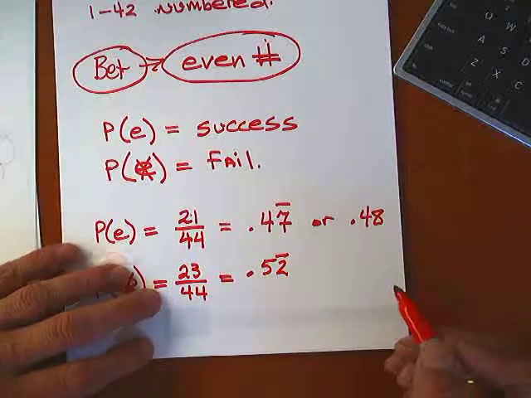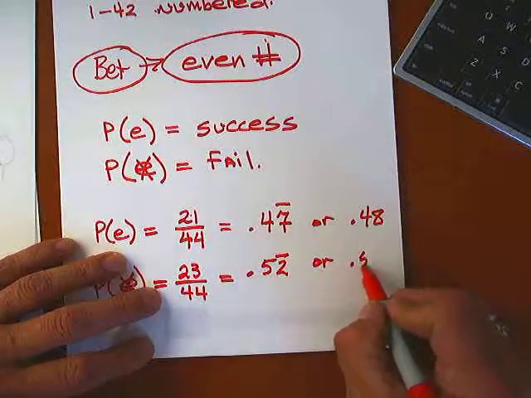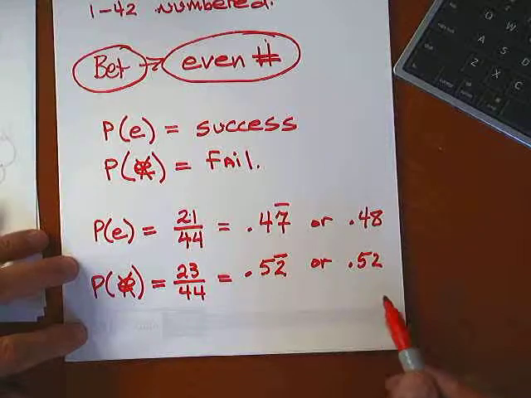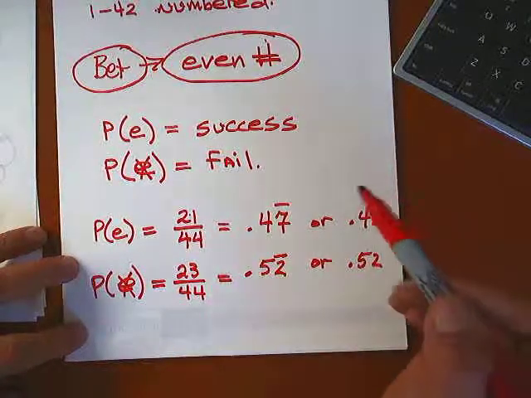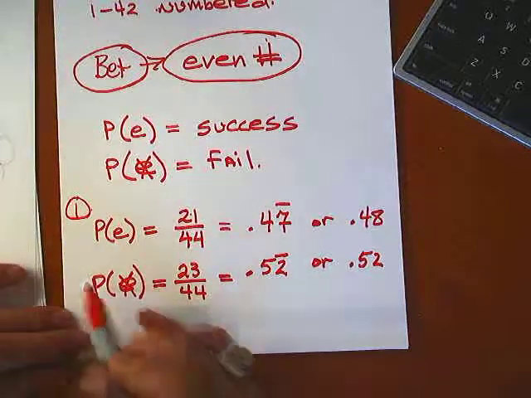So now you know the probability of not even, because you're going to do the complement. The complement of 21 over 44 is 23 over 44, because 23 plus 21 is equal to 44.